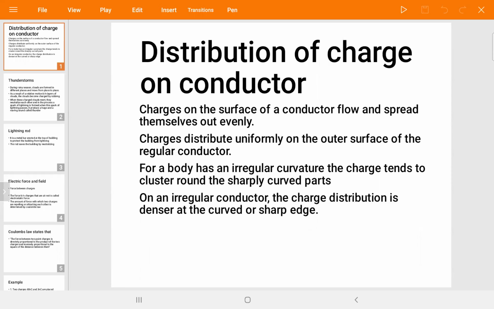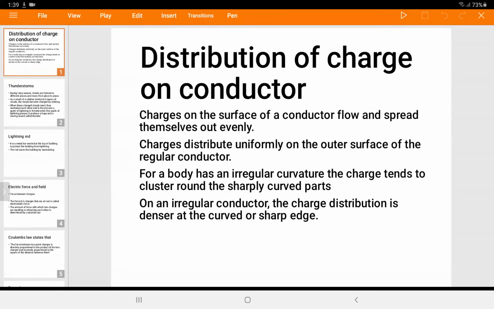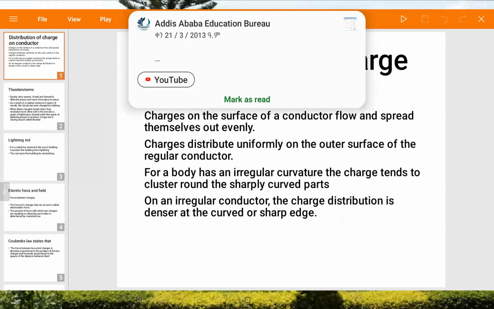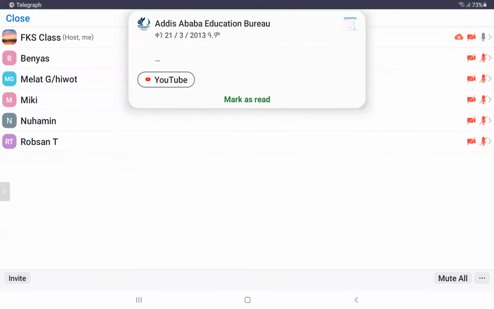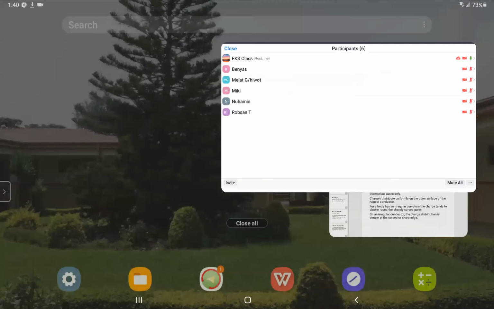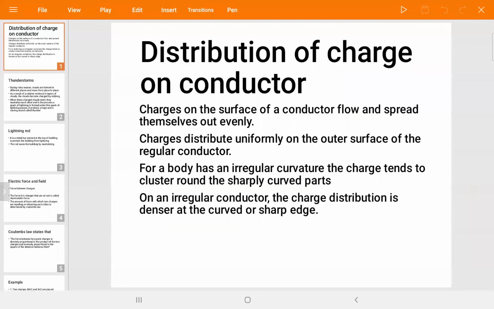The other device, which is also found in our lab, is called the Van de Graaff generator. This Van de Graaff generator is one of the early discovered electrical devices, and it also helps us demonstrate the presence of electric charge.